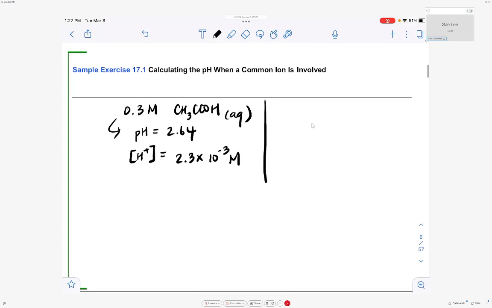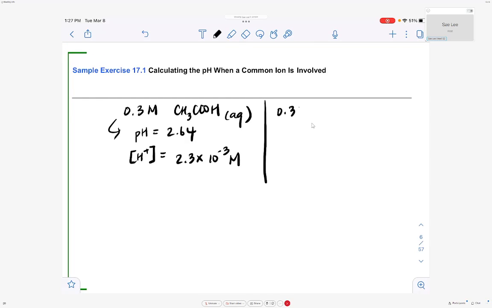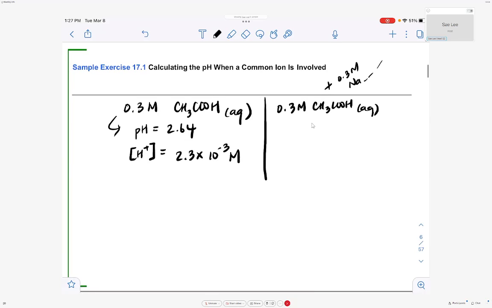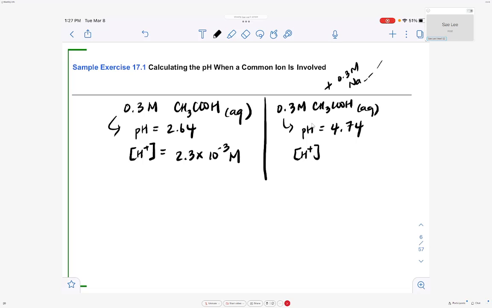But in the question that we just solved, you had 0.3 molar of acetic acid, but you had 0.3 molar of sodium acetate as well. Then the pH value was 4.74, which corresponds to a proton concentration of 1.8 times 10 to the negative 5.